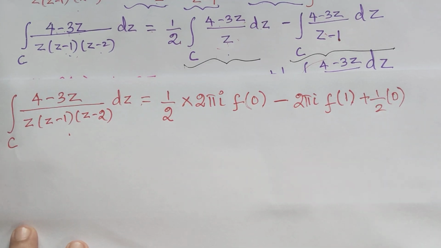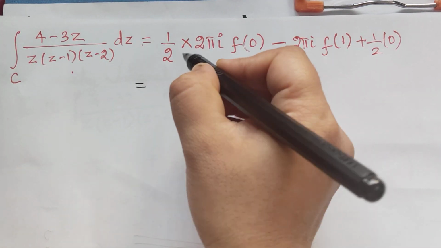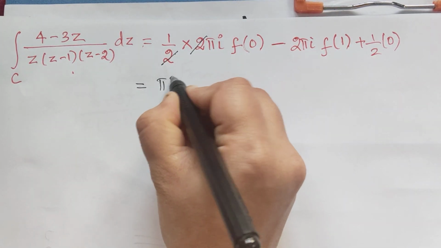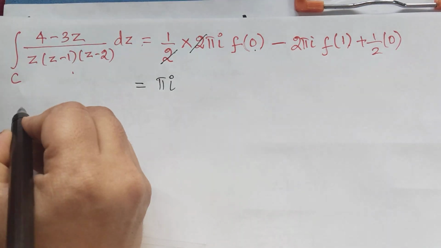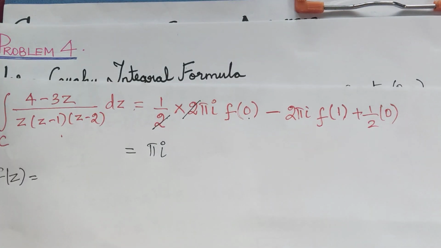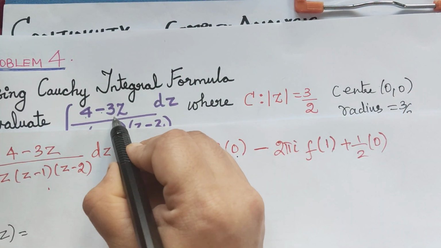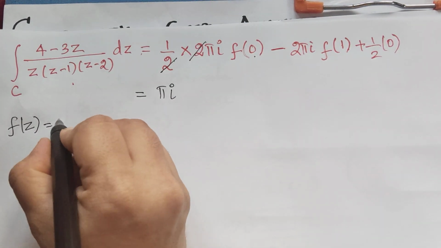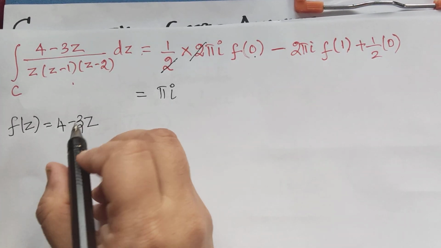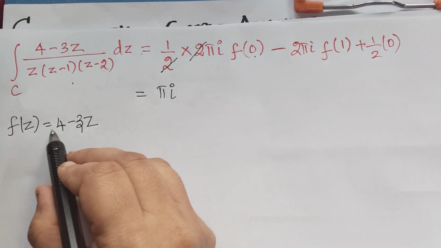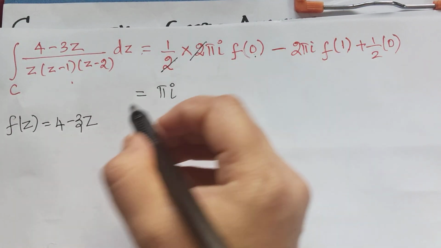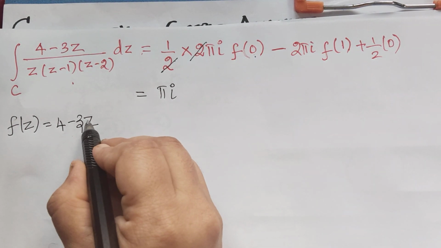So therefore, the 2 and 2 get cancelled, and we obtain pi i multiplied by f of 0. Now what is f of z? From the question, f of z is 4 minus 3z. This only we had shown to be analytic. Now here we have f of 0, so in place of z we put 0.